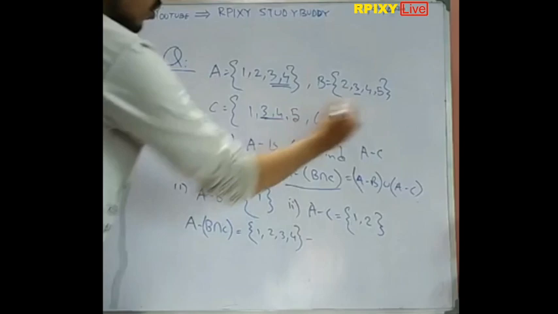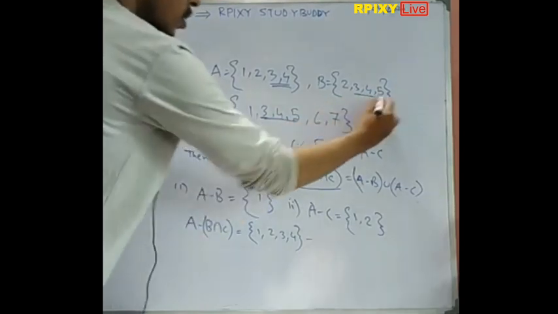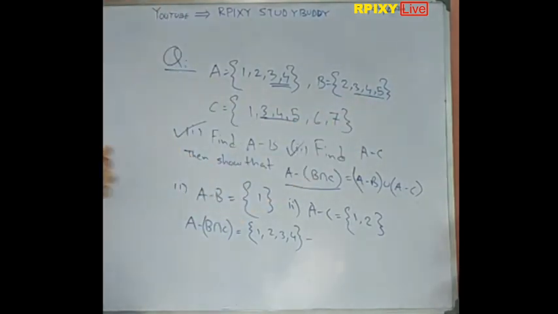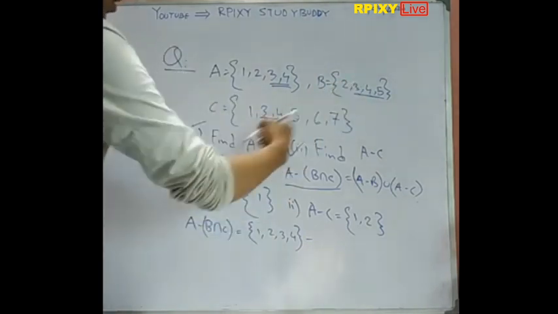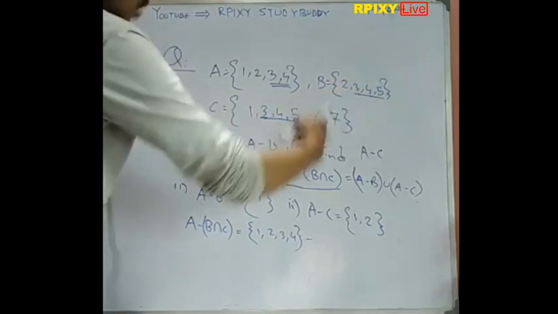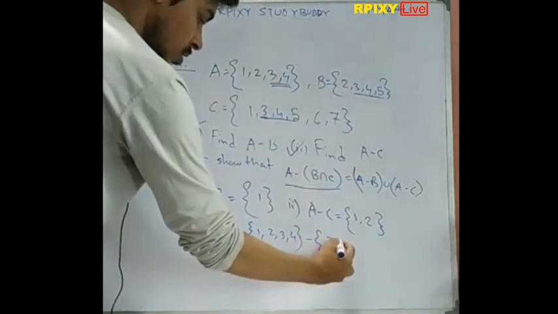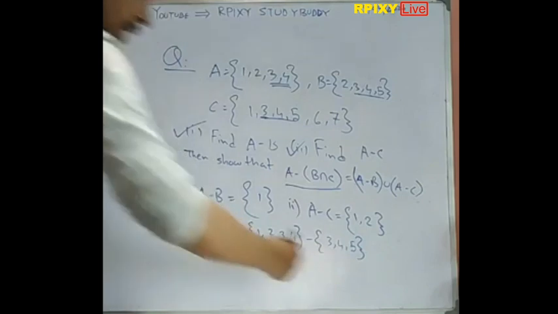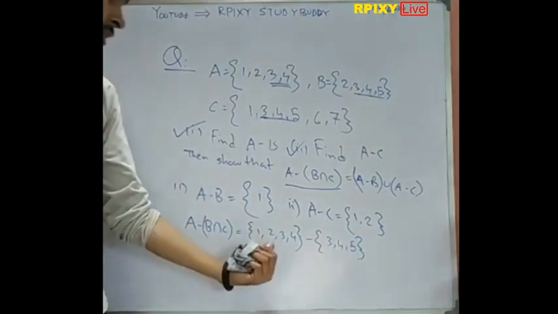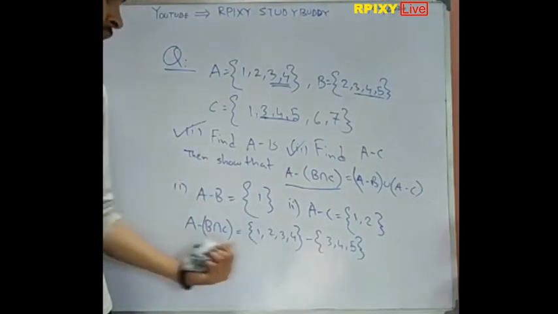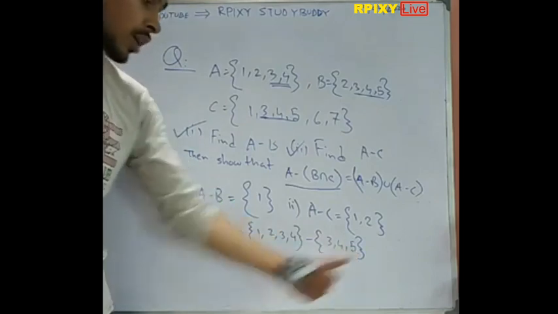Then 4, then 5. So 3, 4, 5 are the common elements between B and C. So B intersection C will be 3, 4 and 5. Okay, A is 1, 2, 3, 4 and B intersection C is 3, 4, 5.